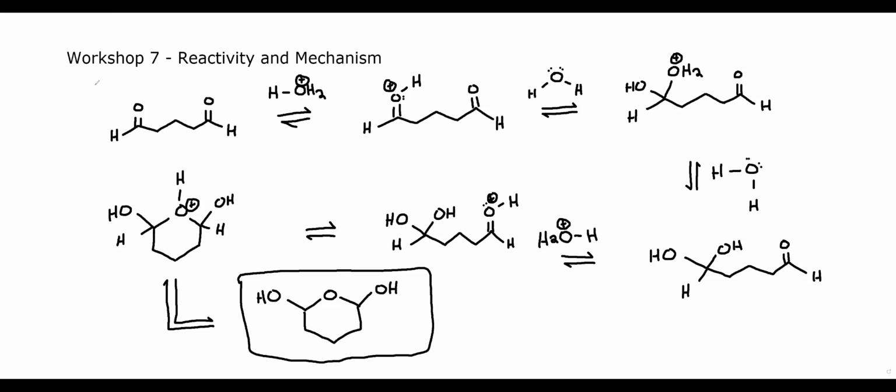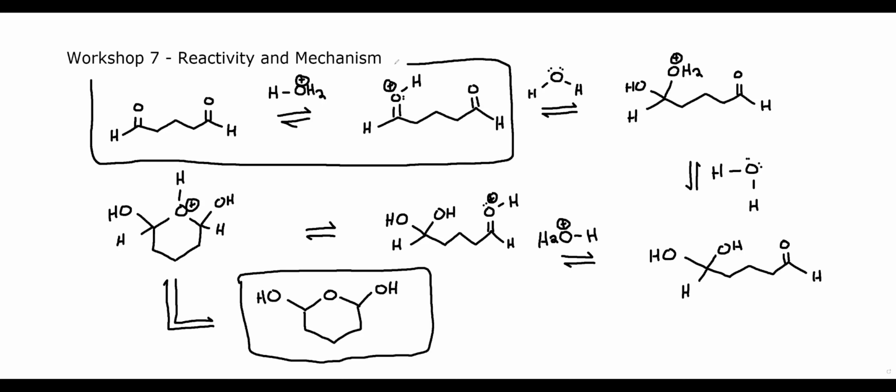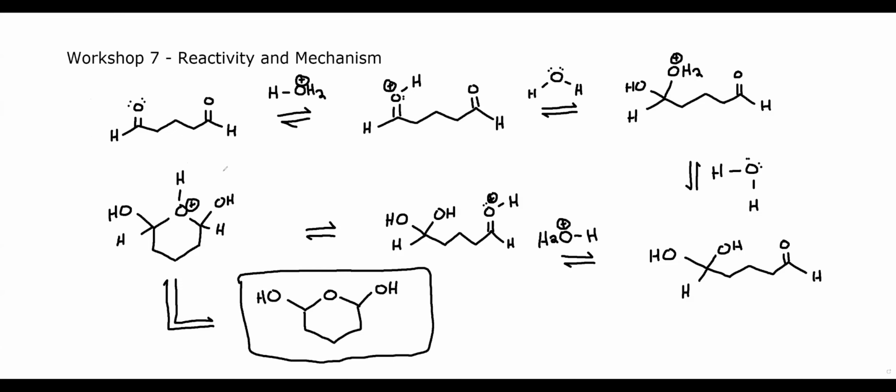So just looking at the first two right here in the box, okay? Just looking at that and ignoring everything else, what happens in the very first step? It looks like one of the carbonyls is gaining a hydrogen, right? We're protonating one of the carbonyls. So what is this going to be? This is going to be a proton transfer reaction. So let's transfer a proton.